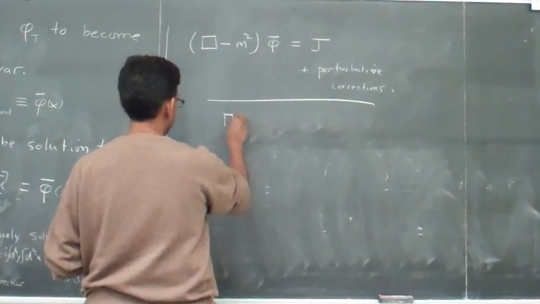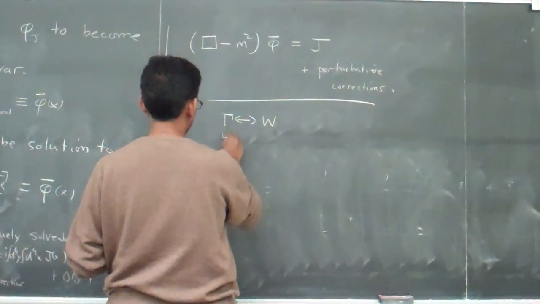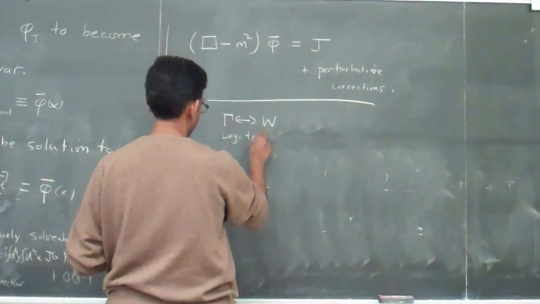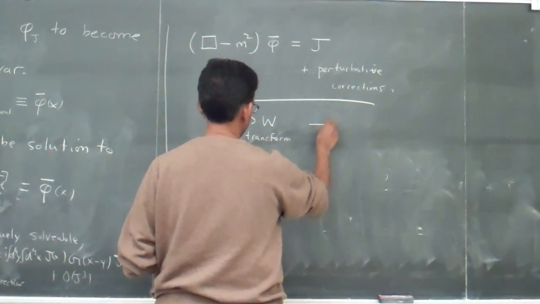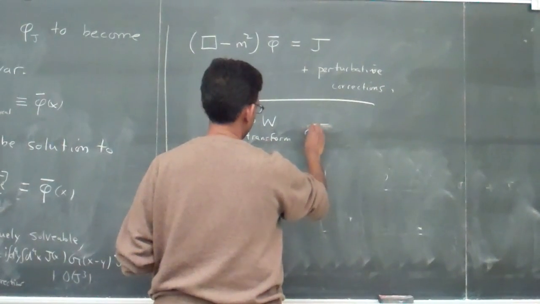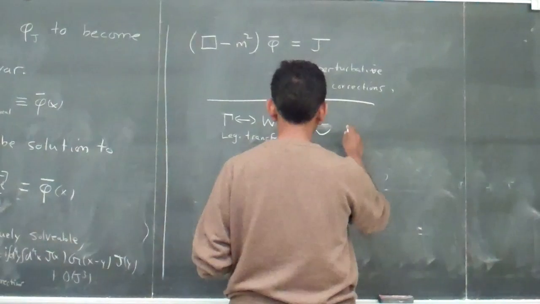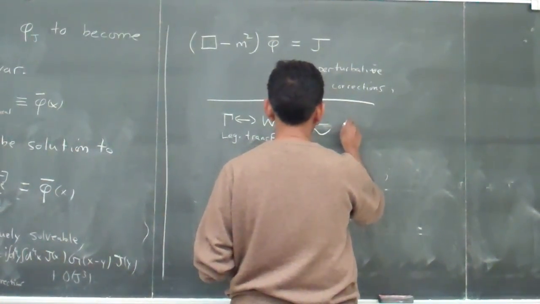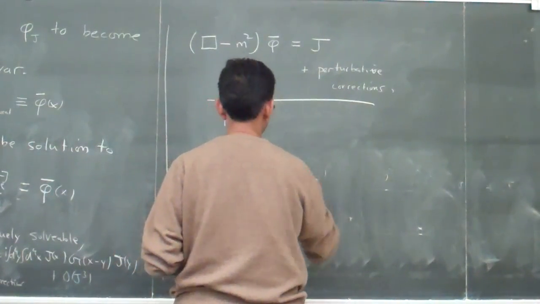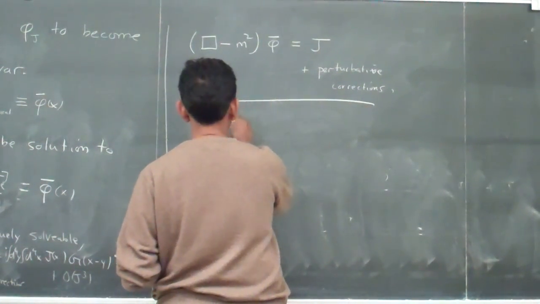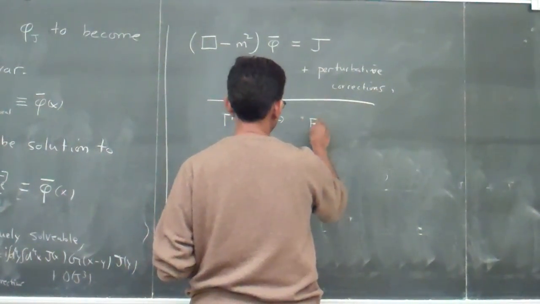The gamma, W Legendre transform is analogous to the, well, here I'll just, gamma is analogous to the free energy.